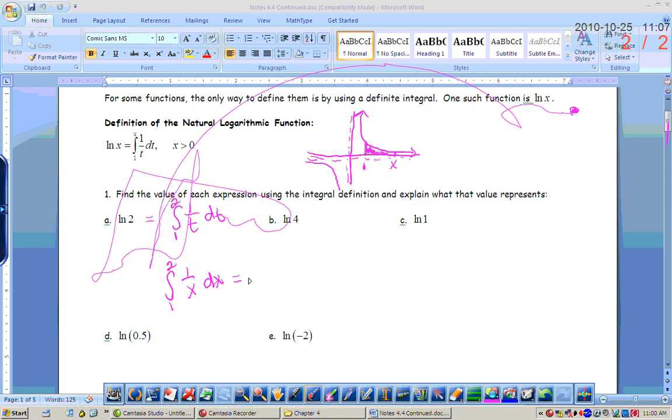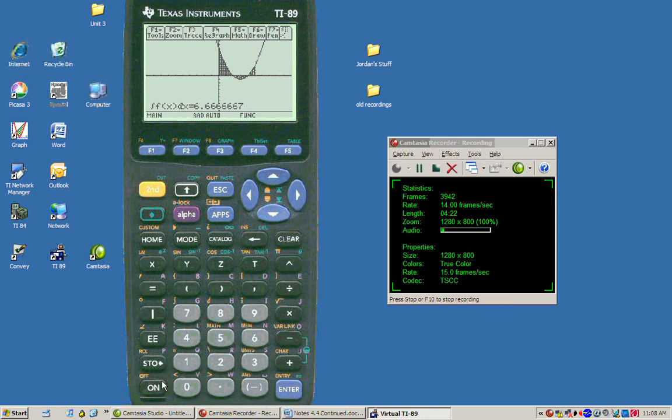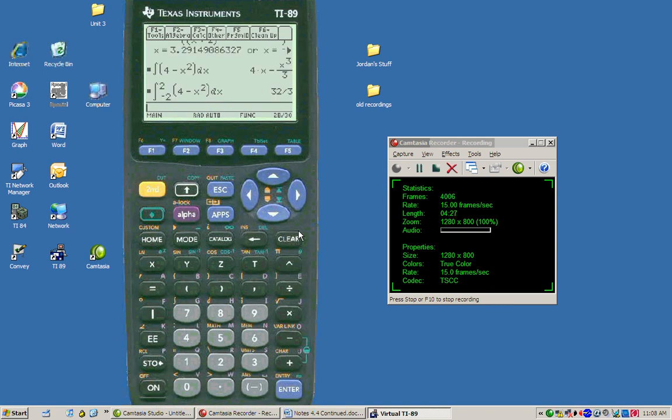All right, so let's use our calculator to actually evaluate this integral. Well, there are two different ways that we can evaluate the integral. One is to use the home screen. You have to turn the calculator on, though, first. All right, so to use the home screen, where's the integrate feature?